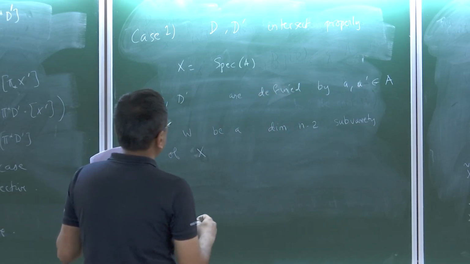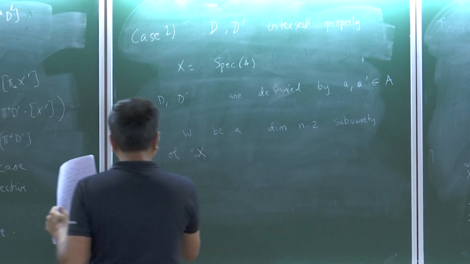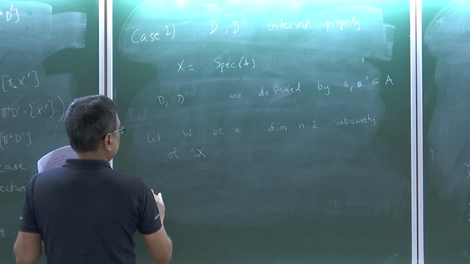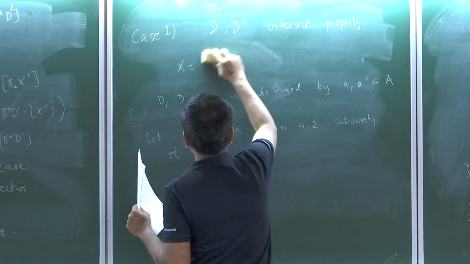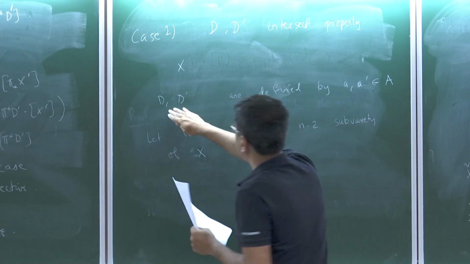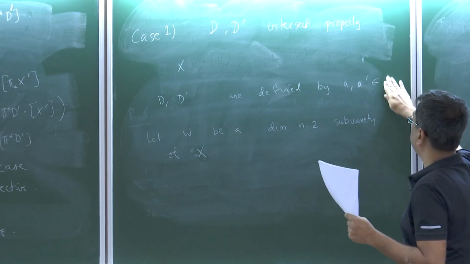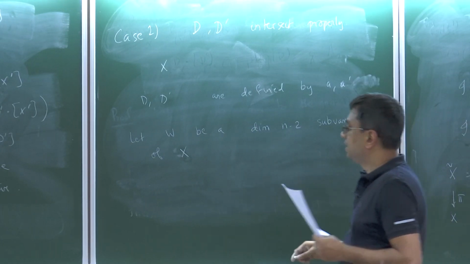In fact, what I'm going to do is replace, so I don't want to assume X equal to spec A. Let's just assume that X is some affine scheme such that D and D prime are given by equations A and A prime.